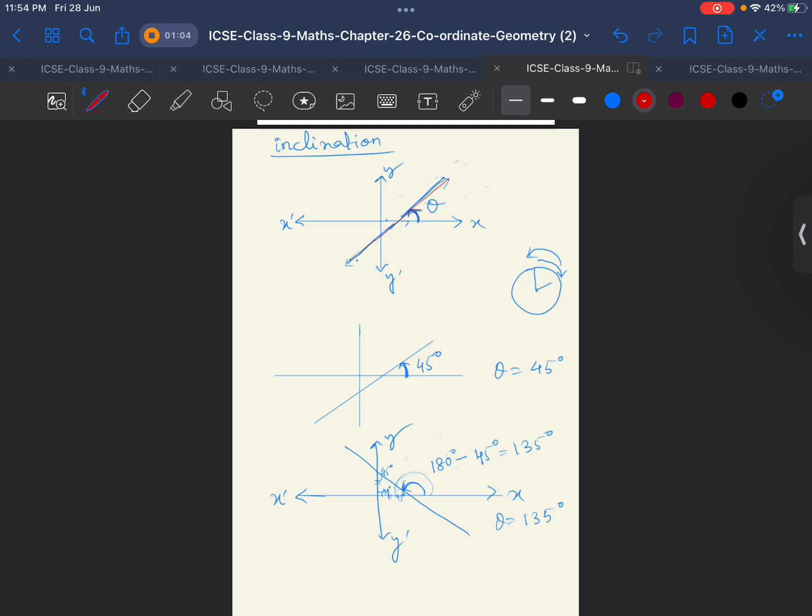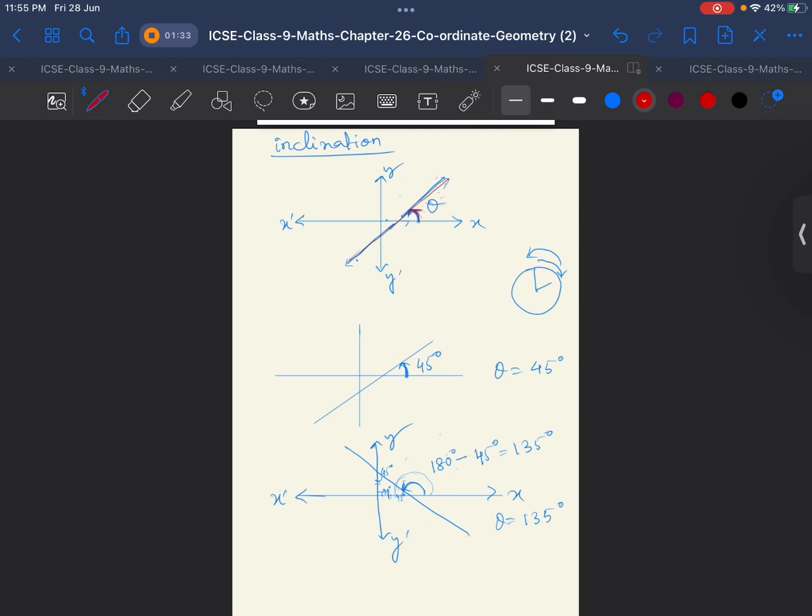So this is a straight line and this straight line makes an angle theta with the positive direction of the x-axis. This is the positive direction of the x-axis. So this angle always stays with the positive direction of the x-axis, that is in the anti-clockwise direction.